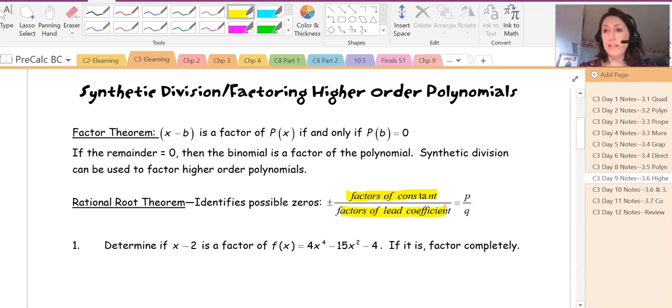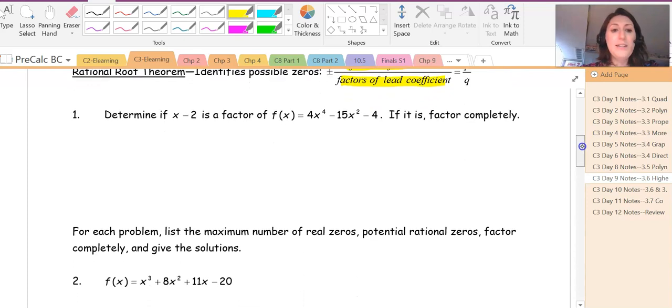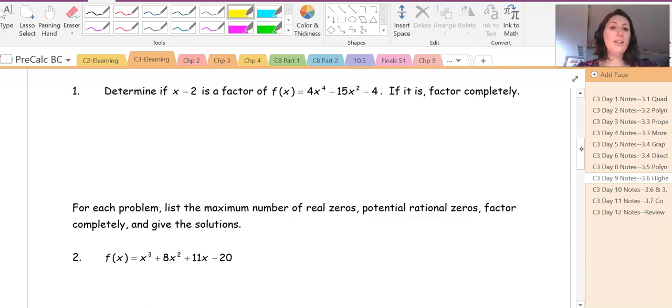Okay, so let's go ahead and get started. Determine if x minus 2 is a factor of f of x equals 4x to the fourth minus 15x squared minus 4. So there are two ways that you can do this. Okay, the first way is to take 2 and plug it in for x.